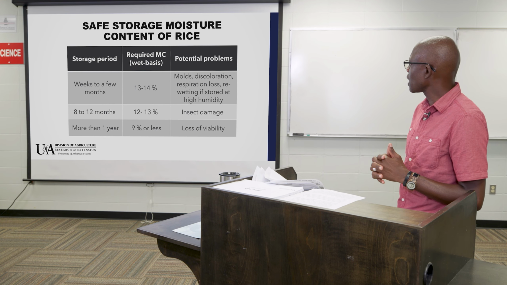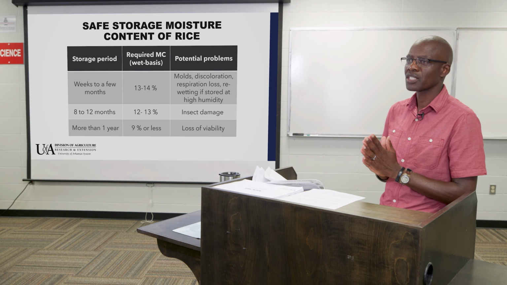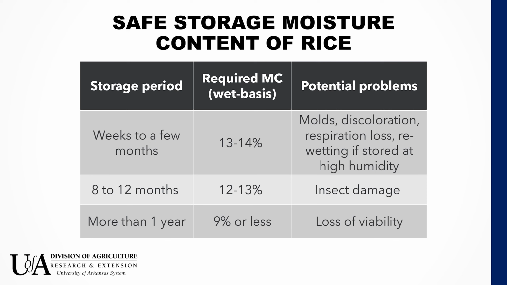Now, the next slide here, I'm showing the safe storage moisture content of rice. Depending on the storage duration, we recommend different moisture content levels. If you are going to store that rice for weeks to a few months, then 13 to 14% moisture content is okay.